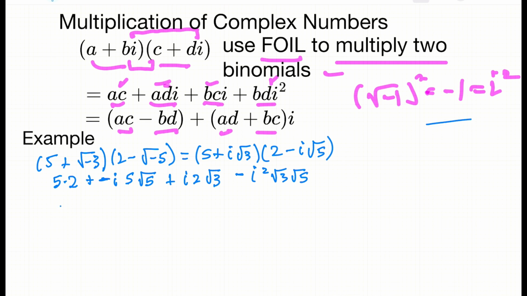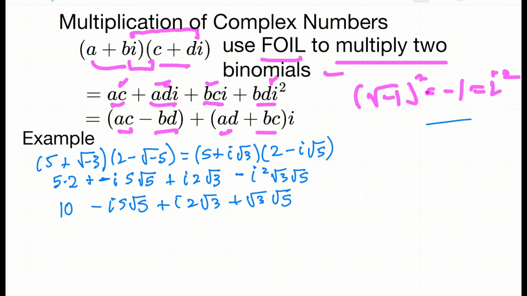So 10 is equal to 5 times 2. Now we've got minus i 5 root 5, plus i 2 root 3, and then this is going to be a plus root 3 root 5, because we got rid of the i squared, converted it to minus 1.